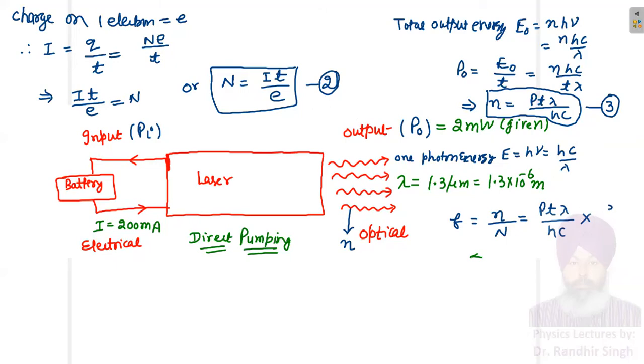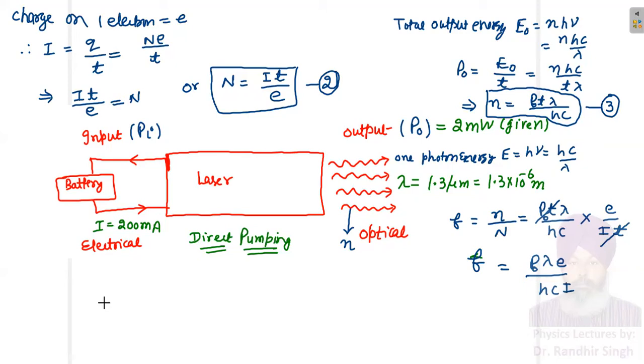It will be e upon It. I hope you understand that this t and this t will get cancelled. So our f value will become P0 lambda e upon hcI. It was P0 instead, let me correct it.